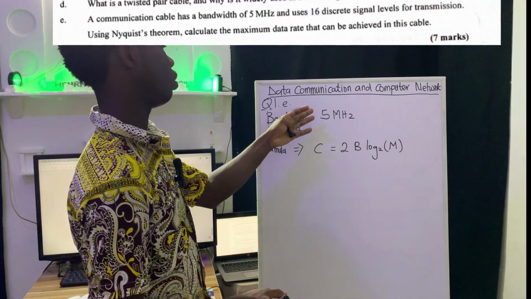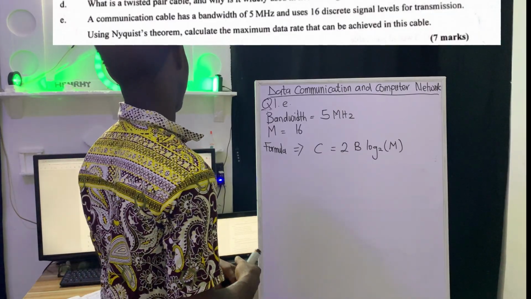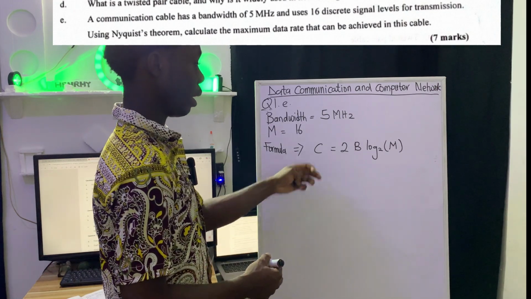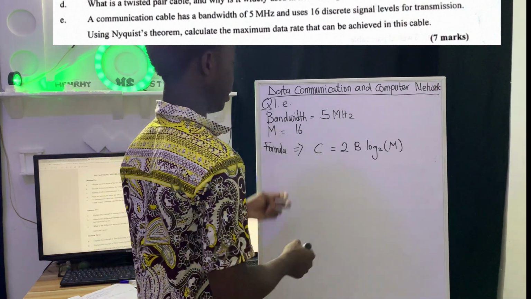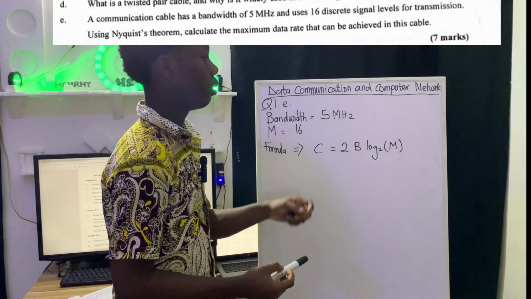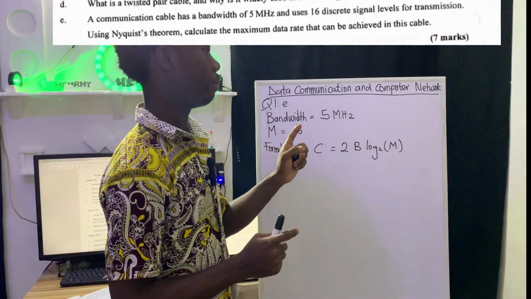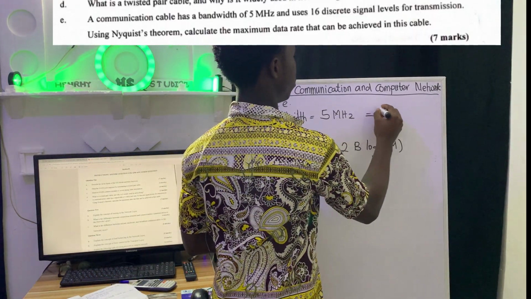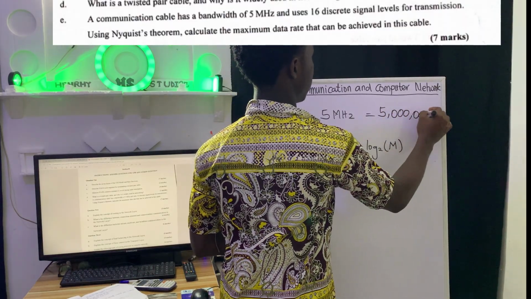We are to calculate the maximum data rate that can be achieved in this cable. Now, 1 megahertz is equal to 1 million, so 5 megahertz gives us 5 million, which is 6 zeros.